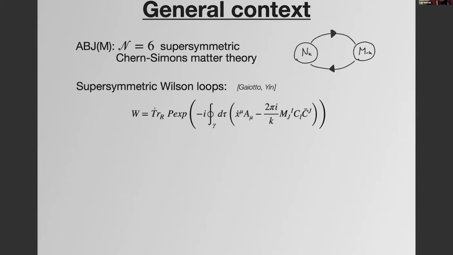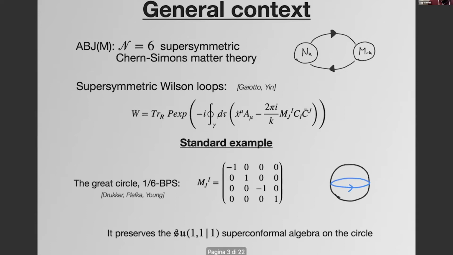They are specified by the representation, the curve gamma supporting the loop, but also by this matrix M, which measures the coupling of the matter scalars C and C bar to the loop. The standard example is the great circle, which lives on the equator of a sphere embedded in three-dimensional space.